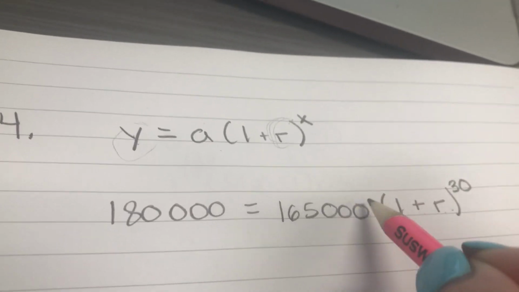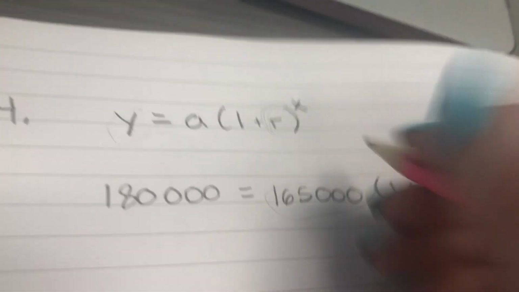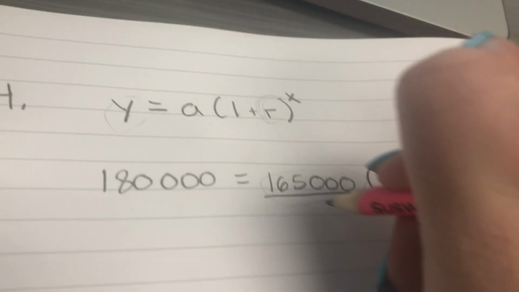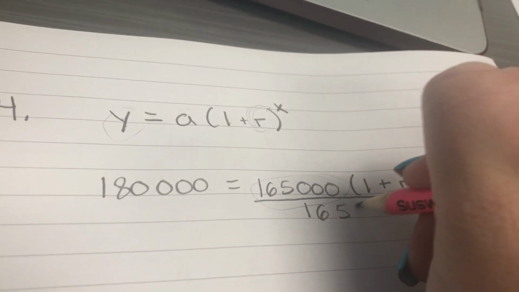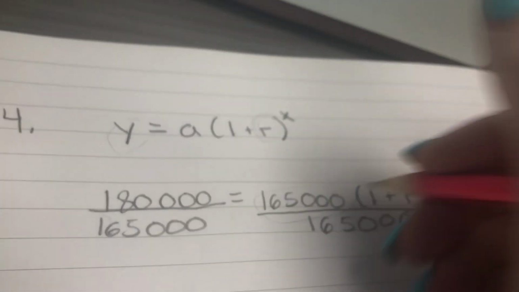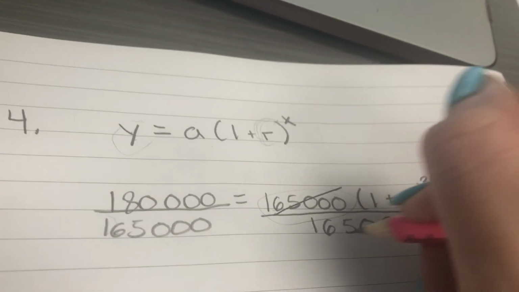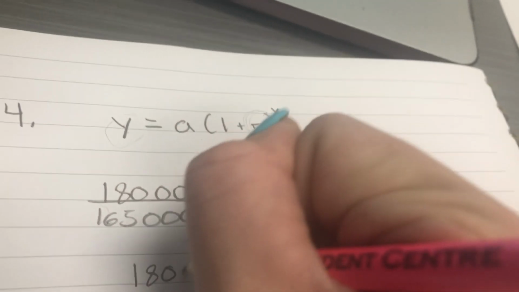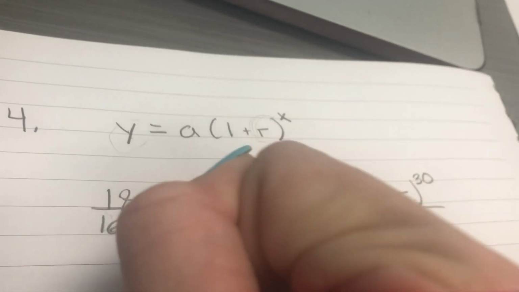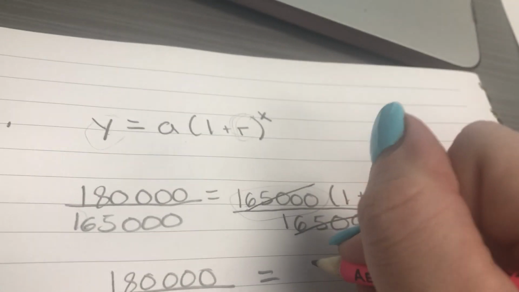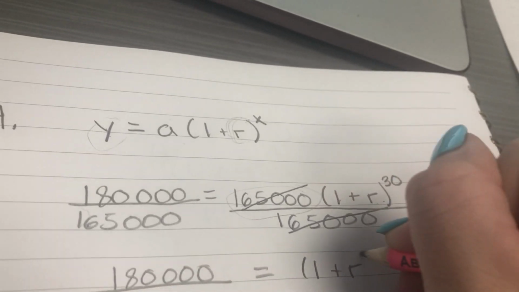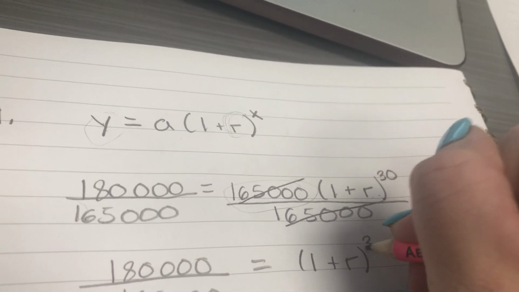Okay, so I'm going to take this to the other side by dividing both of these sides by 165,000. And then when I divide 165,000, I cancel these two out. And then I get 1 plus r to the exponent 30.